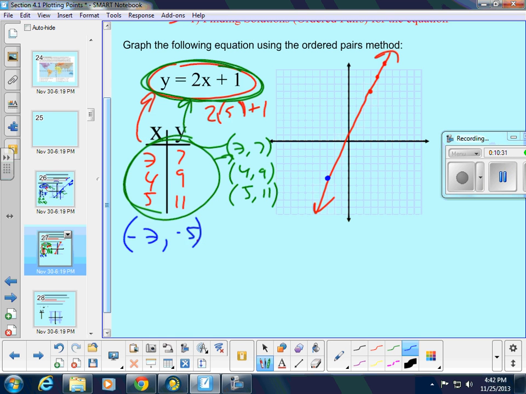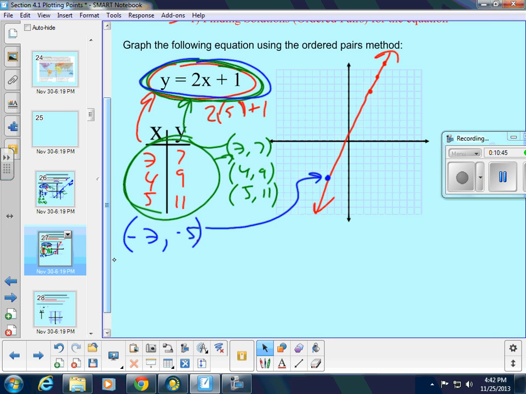What do you know? I drew a pretty good line this time. So there's the point -3, -5, and it should go perfectly through that point as well. And any other point that ends up being a combination, that'd be a solution to this equation. Some kind of ordered pair. Any ordered pair that I could plug in for x and y in that equation should be on this line.